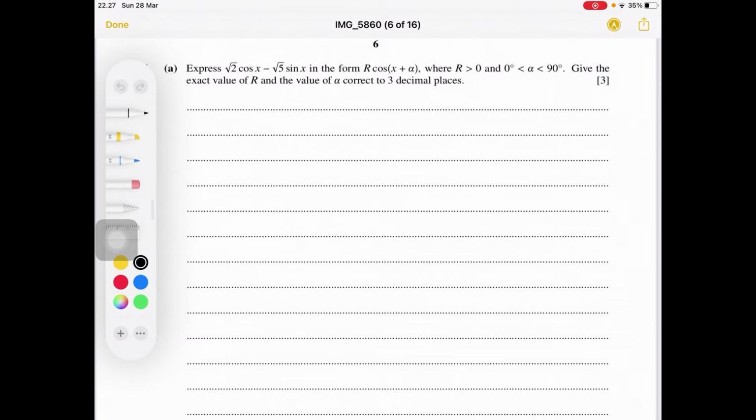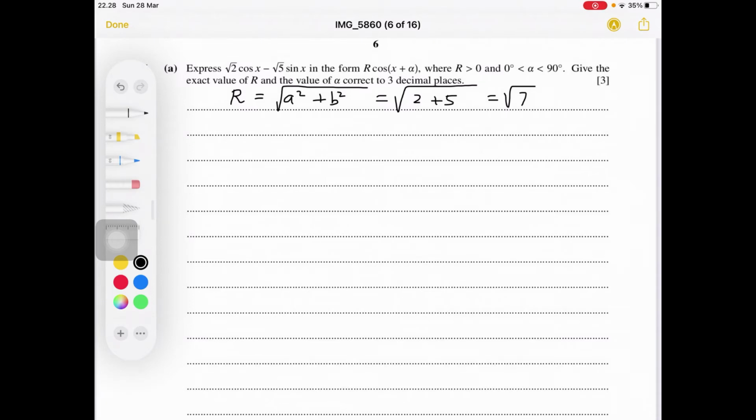So r can be found by using the formula square root of a square plus b square. So it's equal to square root of 2 plus 5. So the exact value of r is square root of 7.